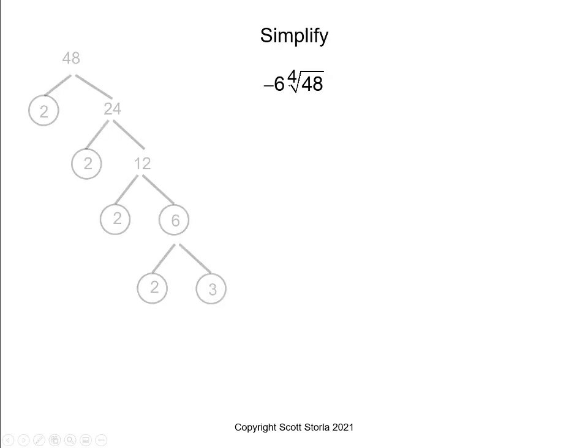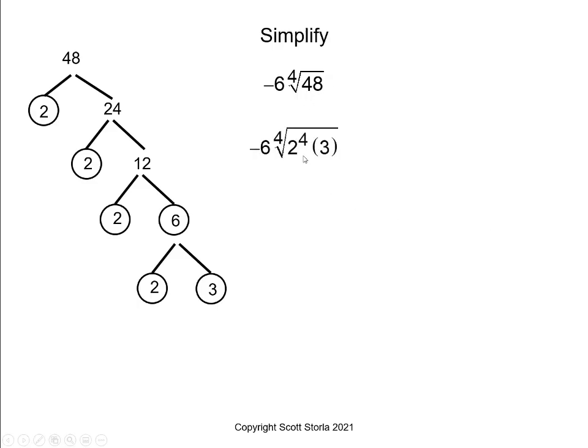Try this one. It's kind of hard to look at 48 and see any fourth powers, so I'm going to factor this. And when I do that, I see my prime factorization has 4 2's and a 3. So I'm going to think of 48 as 2 to the 4th times 3.